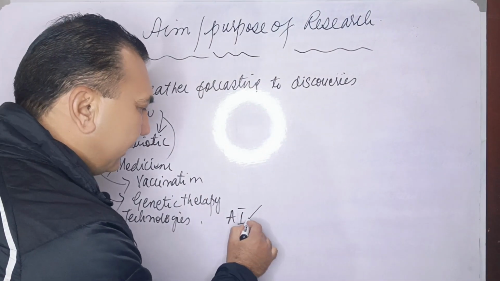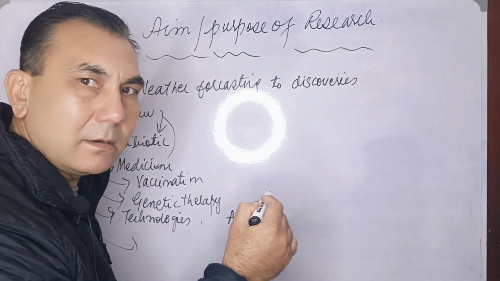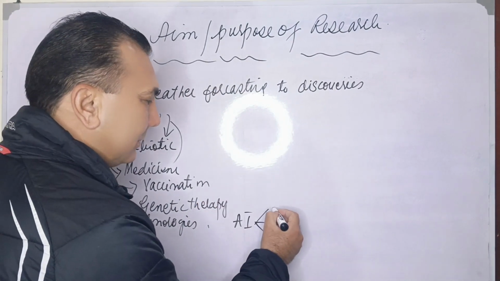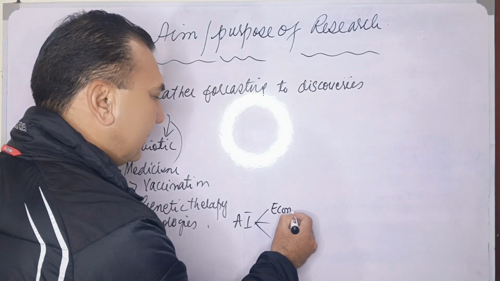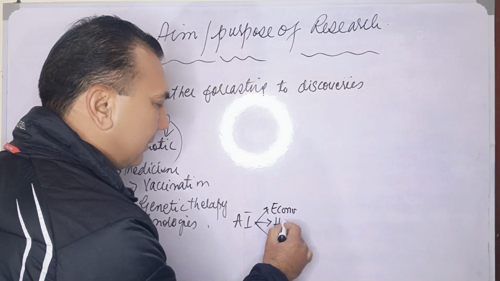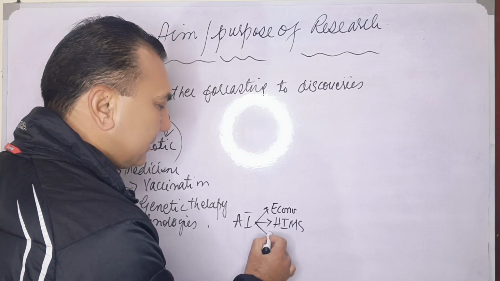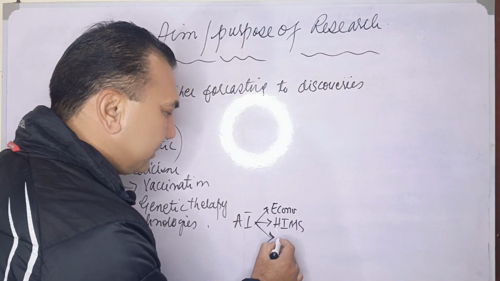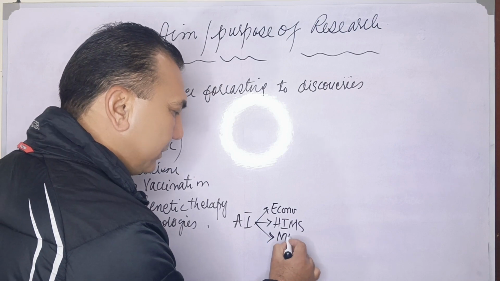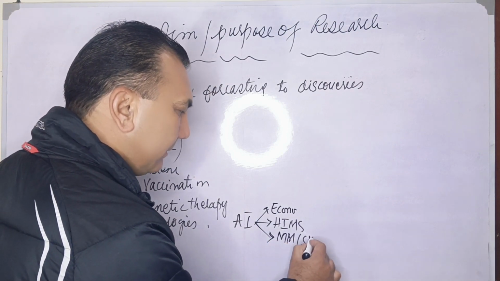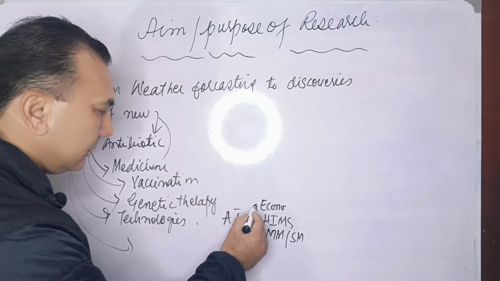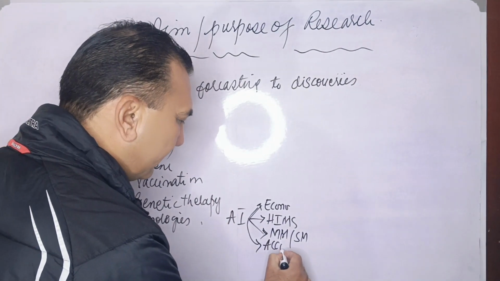Through artificial intelligence, you can control, regulate, monitor or supervise your economics in the field of the hospital. You can manage your HMIS, and the different types of medical management, or surgical management, and you can also manage the accounting.